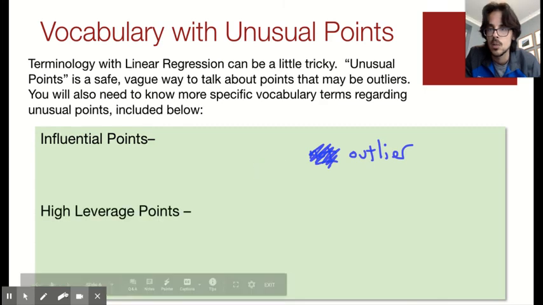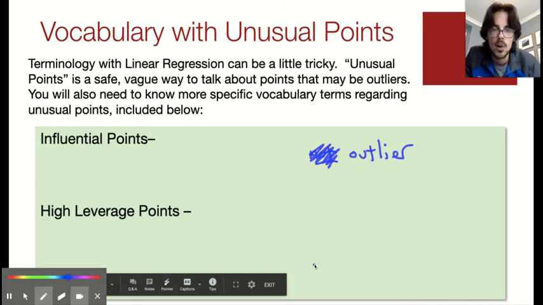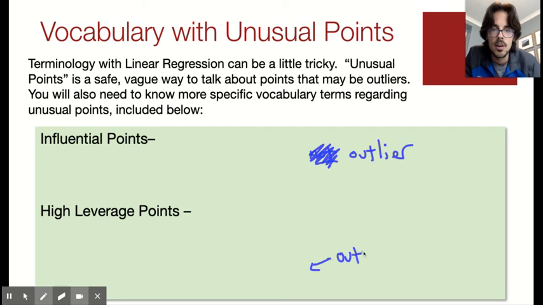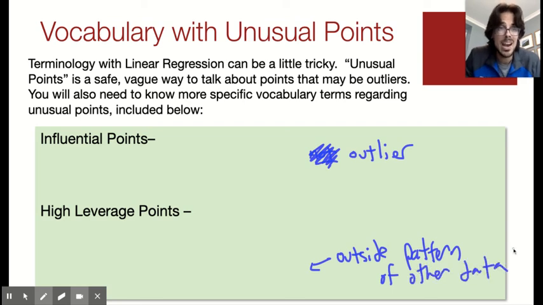I can't remember exactly what I had you write already, but for outlier, it's outside the pattern of the other data. So be careful when you use that word outlier. It's kind of instinctive to be like, oh, weird point, outlier. But the way you use it in this chapter has to be a little more measured using this criteria here.